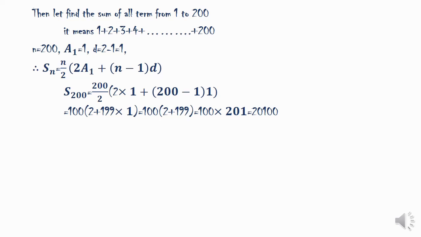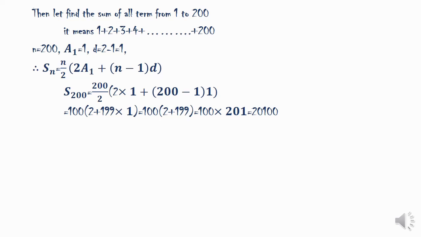So after adding, you get 100 times 201, which is equal to 20,100. You get 20,100, as you see on your screen there.